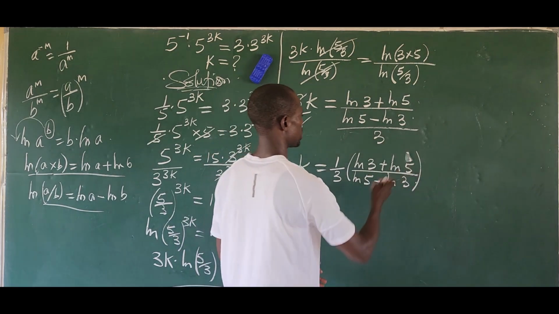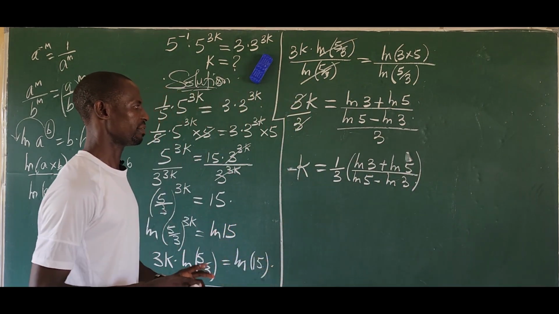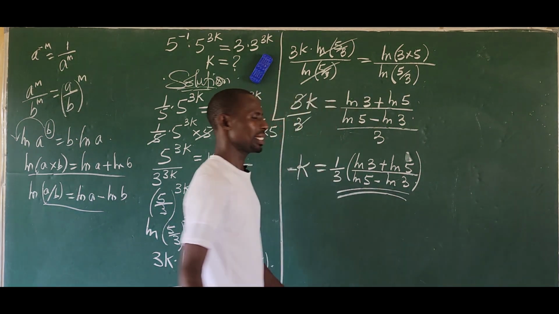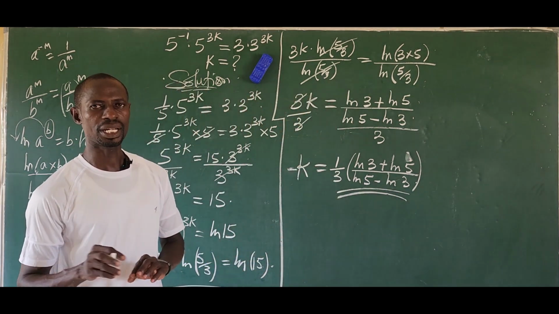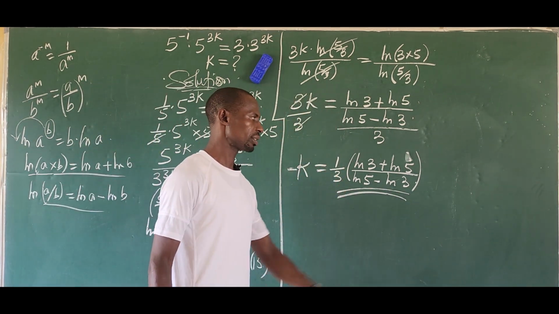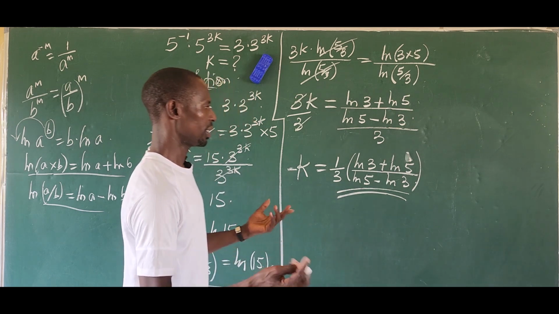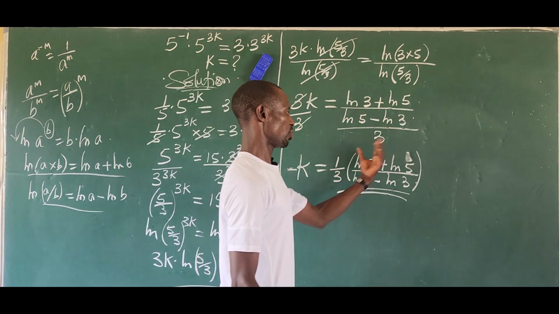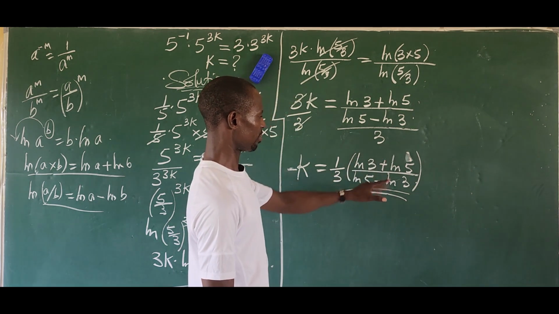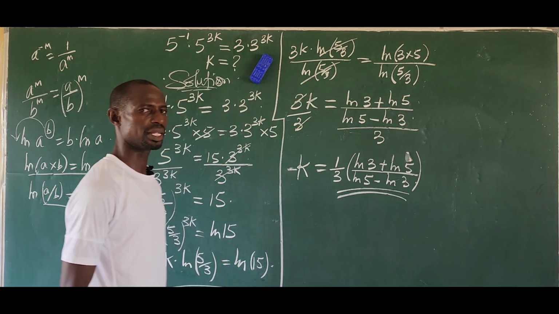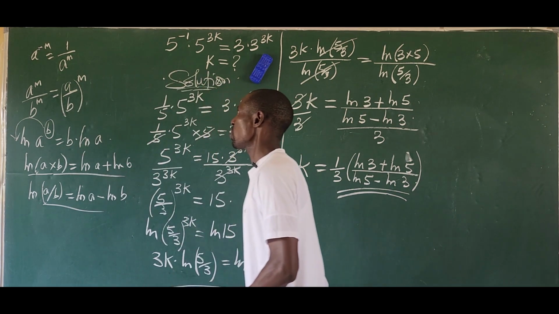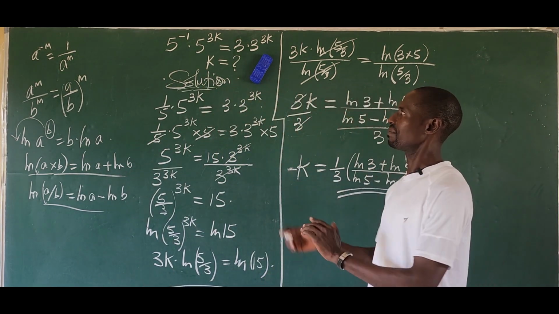This is the lowest form we can simplify this expression to. We can easily get the value of ln of 3 by inputting it in our calculator, and also ln of 5. Then simplify, and multiply whatever answer you have by 1 over 3, which gives a numerical value that, when you input it into the original equation, will give you an approximate value.